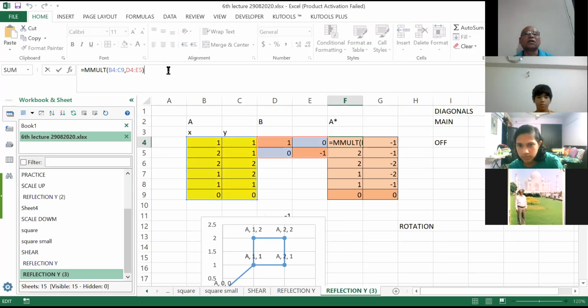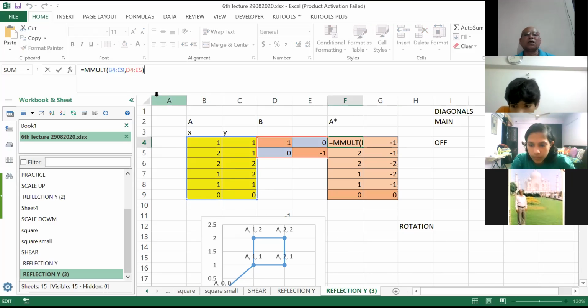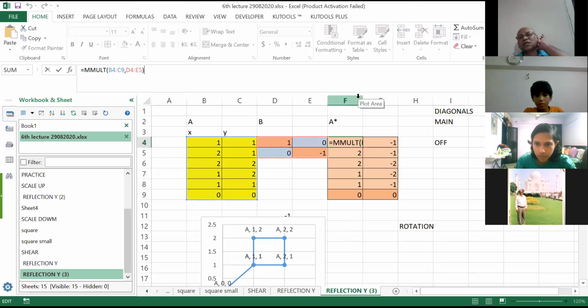When you click here, you see that I am clicking that formula and adding the whole range. Mine was C8 earlier, so I have added C9. But this transformation matrix is the same, so I have not changed that. Then again you have to apply Control Alt Delete.